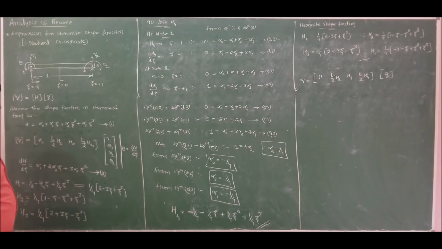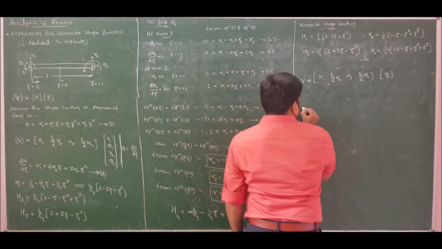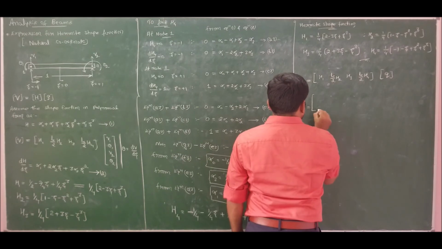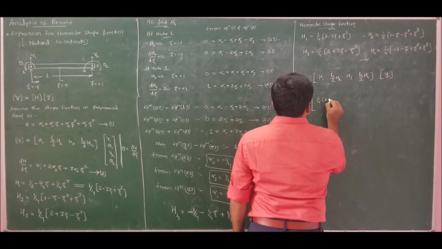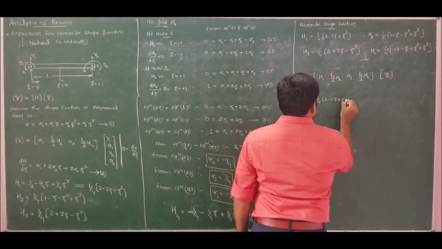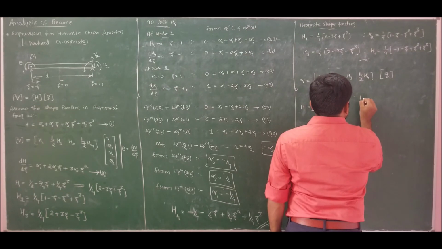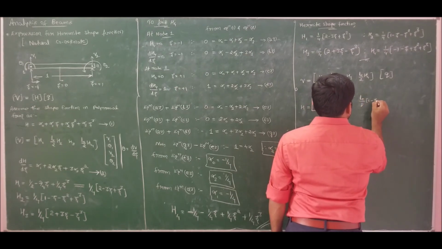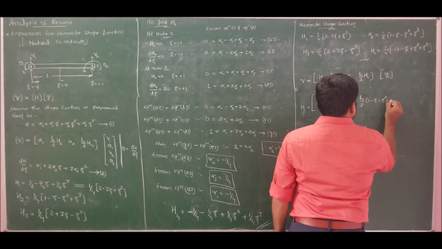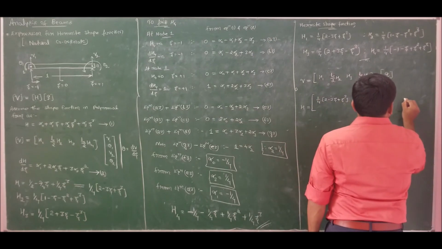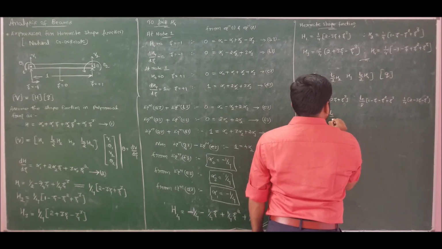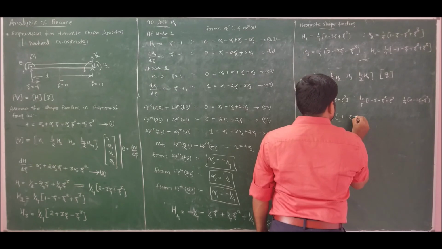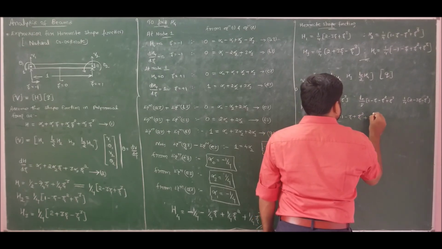So therefore, if I write it in the Hermite shape function form, the H matrix will become 1 by 4 of 2 minus 3 zeta plus zeta cube, and this will be LE by 8 of 1 minus zeta minus zeta square plus zeta cube, then 1 by 4 of 2 plus 3 zeta minus zeta cube, and LE by 8 of minus 1 minus zeta plus zeta square plus zeta cube.